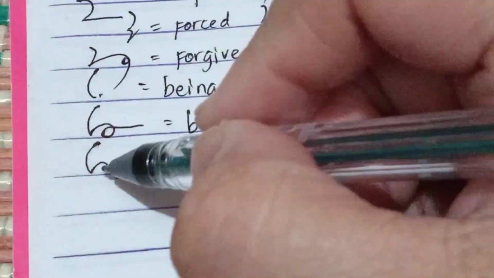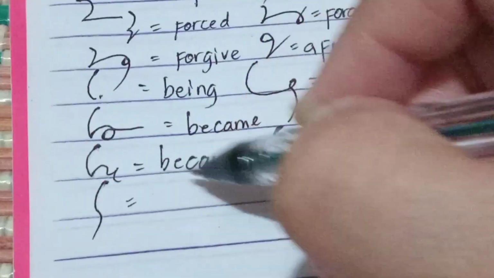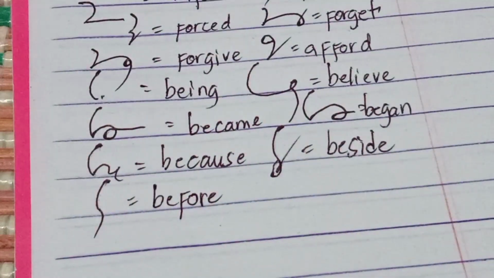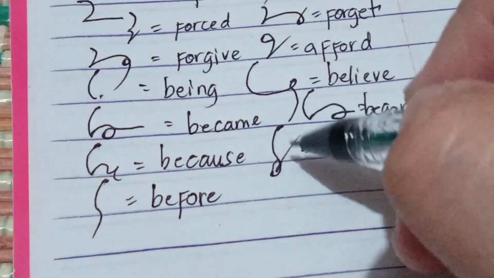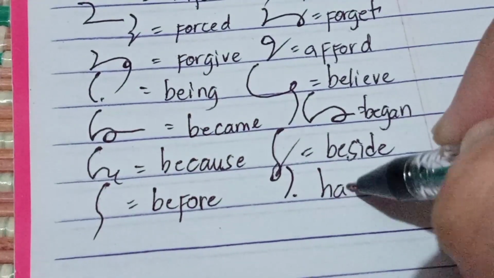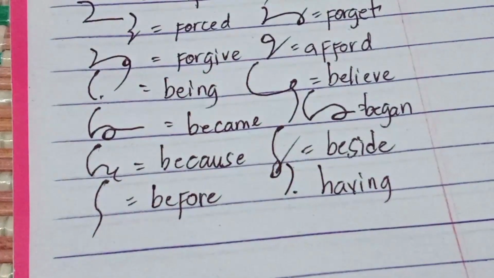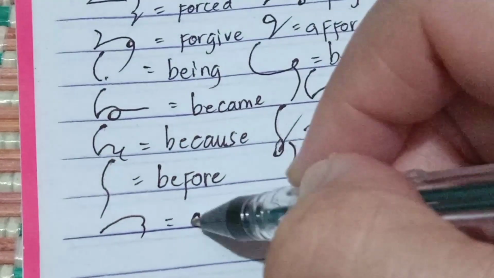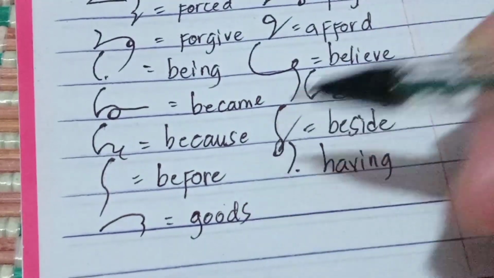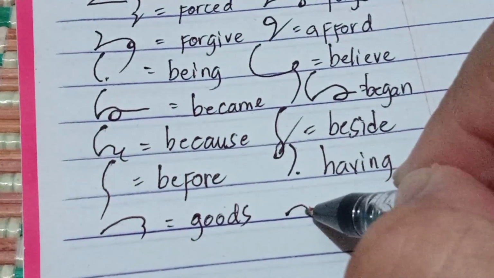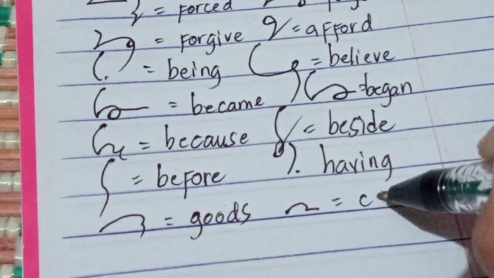If I write B and 4, so this is before. How about if I write have and ing? So ito po ay having. Okay? How about if I write good tsaka S? So this is goods. Then, if I write can and not, so this is cannot.